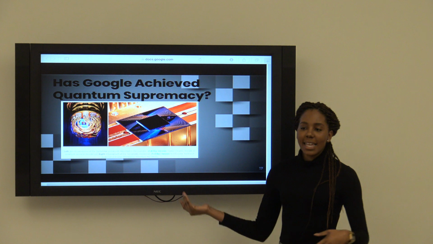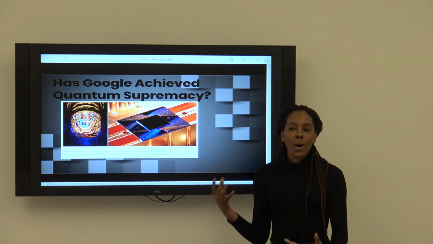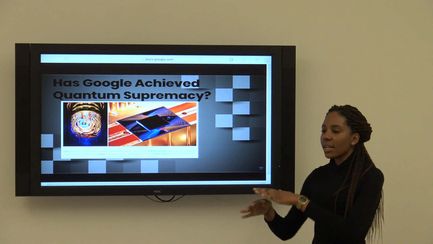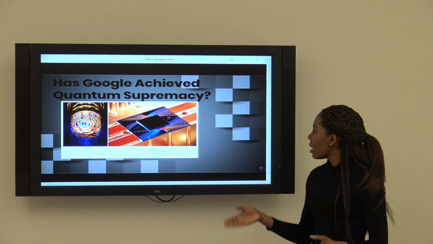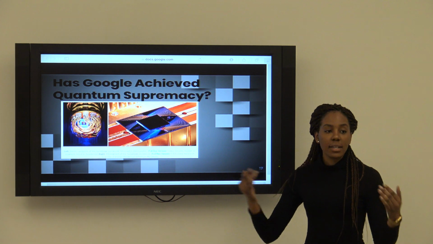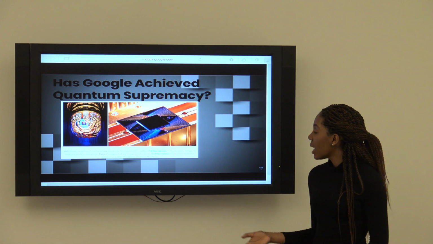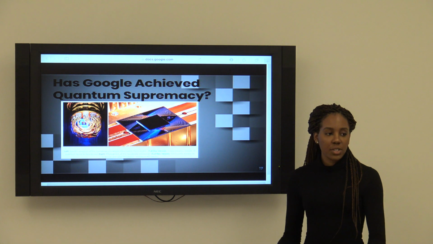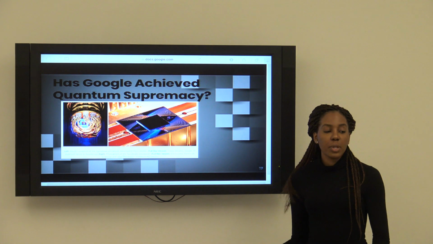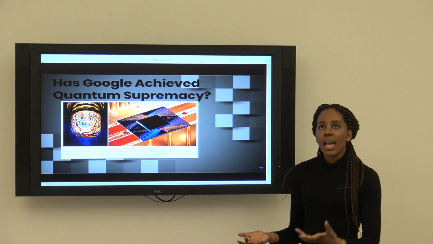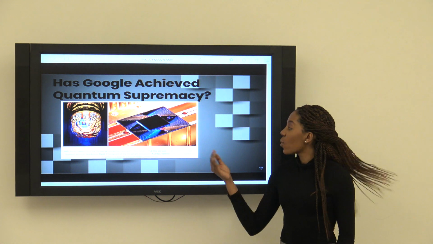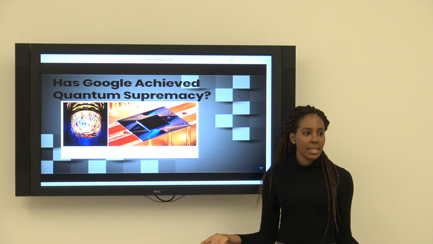So basically what they said was they achieved quantum supremacy by creating a programmable task for the quantum computer and the classical computer to run at the same time. And of course their quantum computer finished the task, but the classical computer did not, and they claim that it would have taken the computer 10,000 years to complete something that the quantum computer finished in 200 seconds.